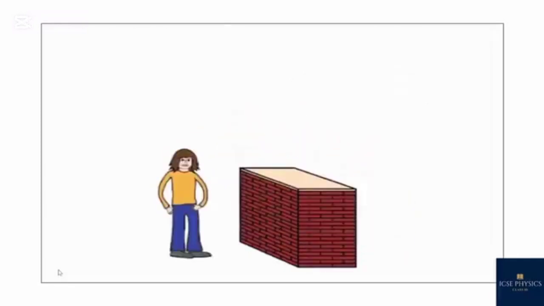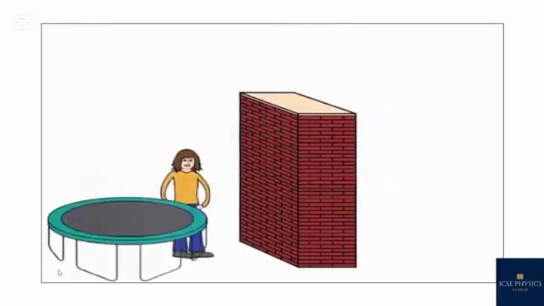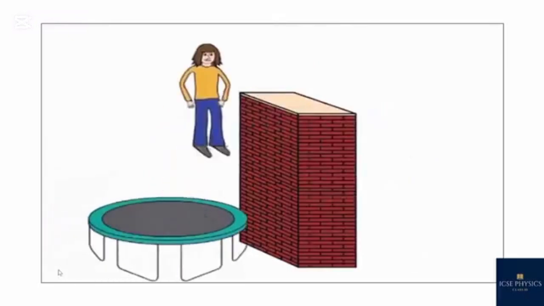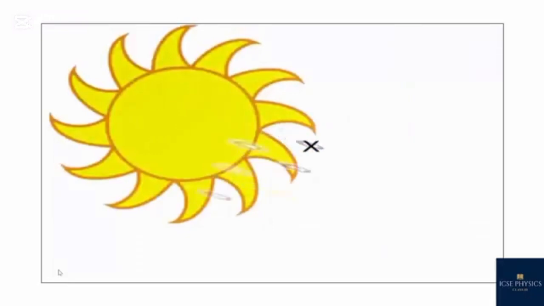In a semiconductor, the wall is higher and you cannot just jump over it. You will need a bouncer to reach the other side. In an insulator, the wall is very high, so you need a bigger bouncer so that you can jump over. So solar panels are made up of semiconducting elements and require a medium amount of energy to free electrons.